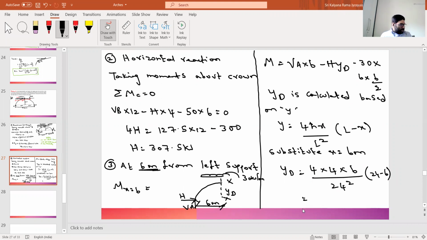So this value will be 4 into 4 into 6 into 18 by 24 square, which is 1728 divided by 576, that is equal to 3 meters.